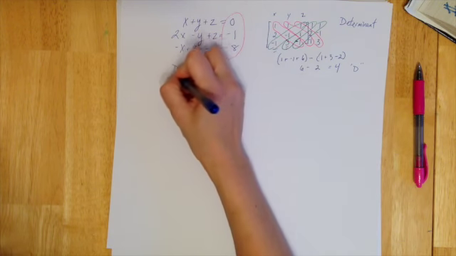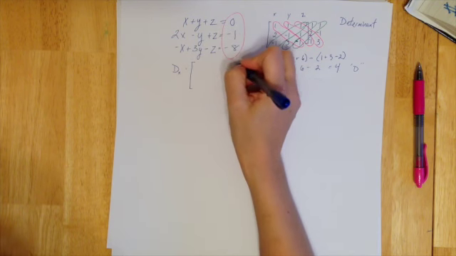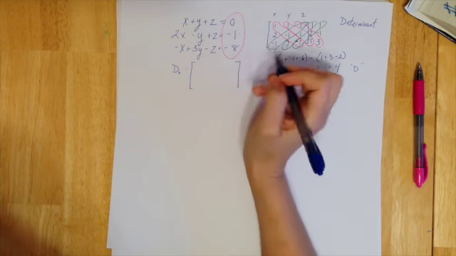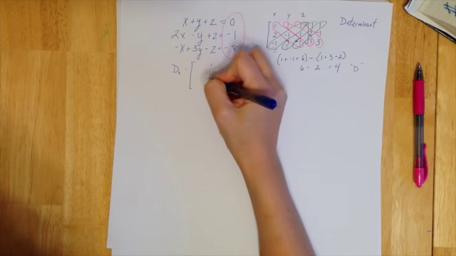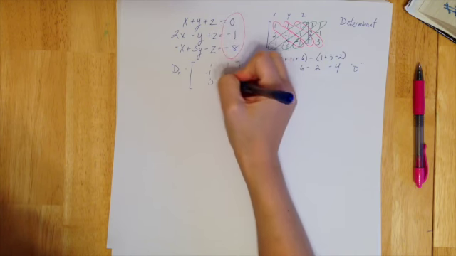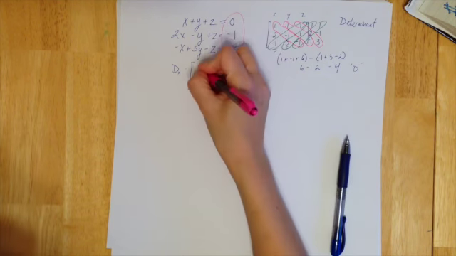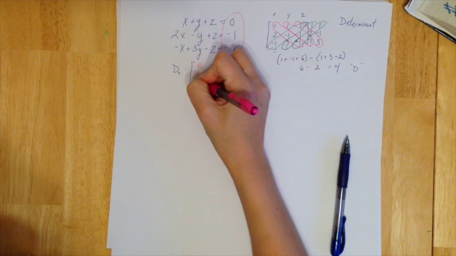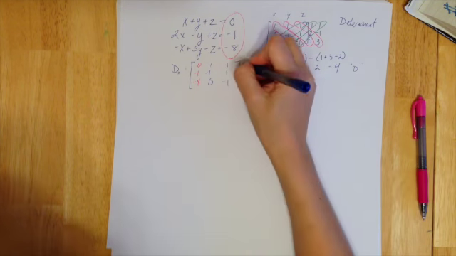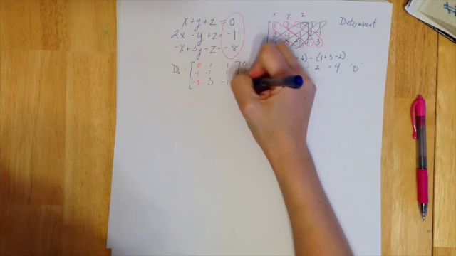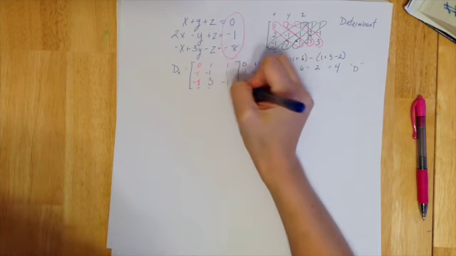Solving for our Dx, we're going to take our matrix. We're going to leave our y values and our z values. Then we're going to take our answer column and we're going to substitute it in where x would be. Once again, rewrite the first 2 rows. Now it's 0, negative 1, negative 8, 1, negative 1, 3.